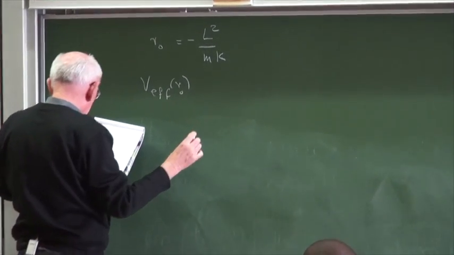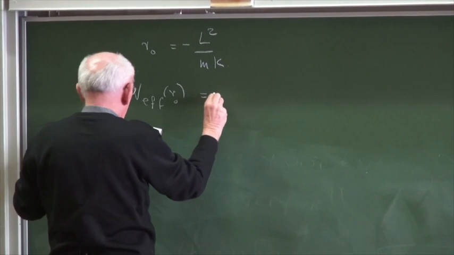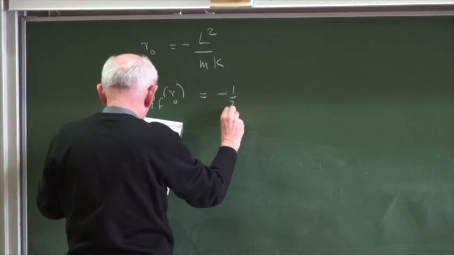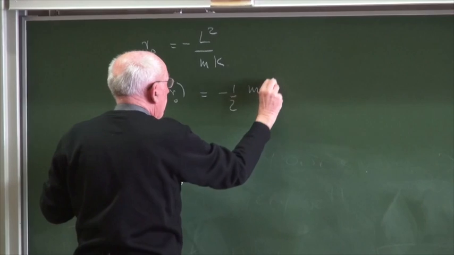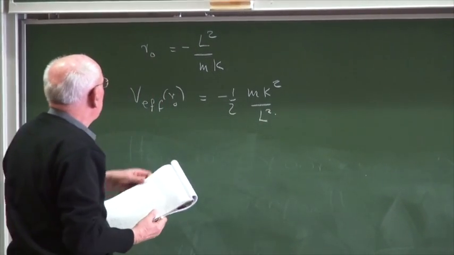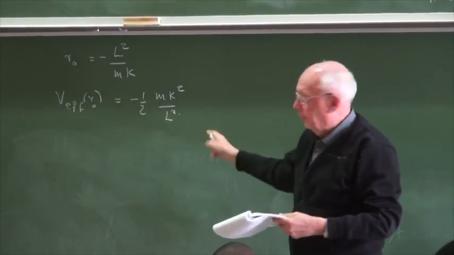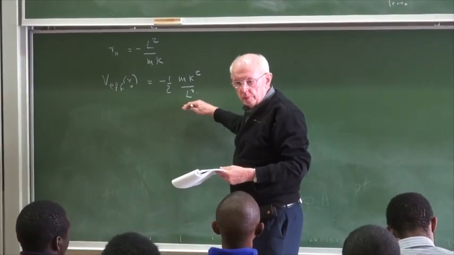I don't want to do this now in detail because I think this is something you guys don't have a problem with. So what I do is I just put R0, this value, in there, and then I simplify a little bit, and then I get this.